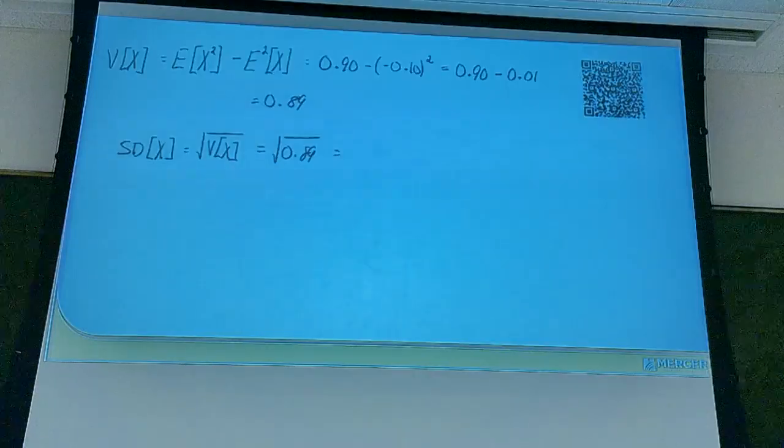Standard deviation is the square root of that. About 0.943.